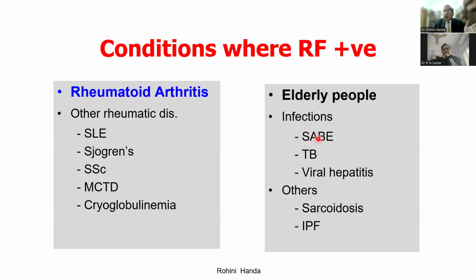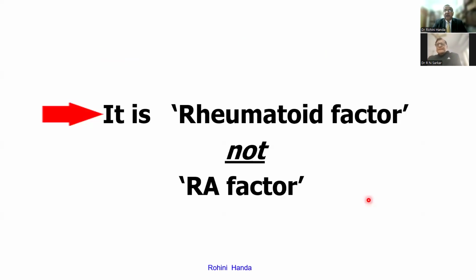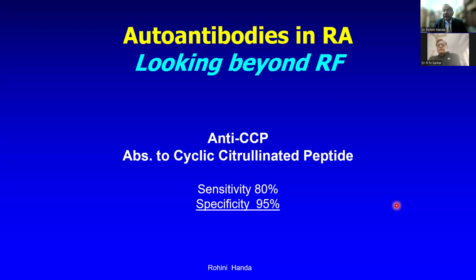Infections all over the place in our country can trigger RF positivity, and conditions like sarcoidosis, interstitial fibrosis can trigger RF positivity. And that is the reason why it is called the rheumatoid factor and not the RA factor. Rheumatoid factor is not the exclusive preserve of rheumatoid arthritis, and you need clinical correlation.